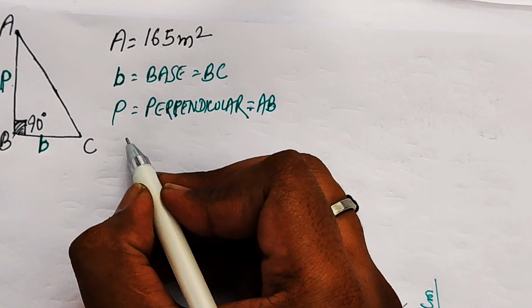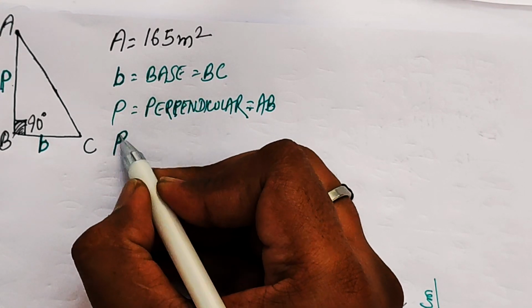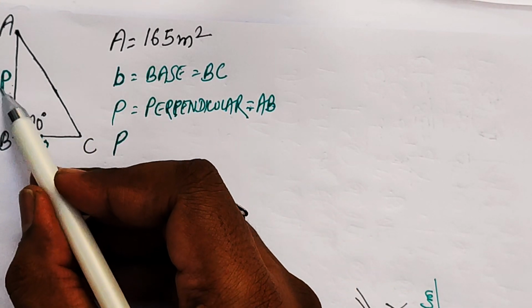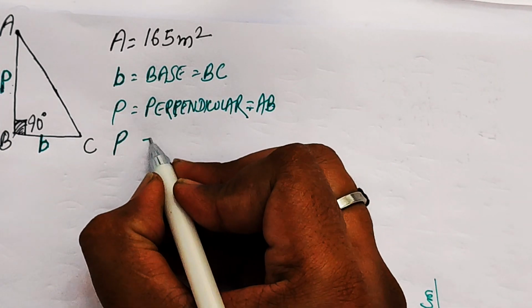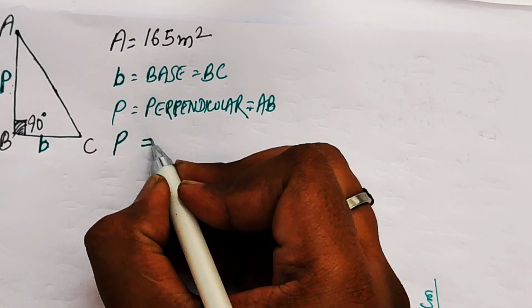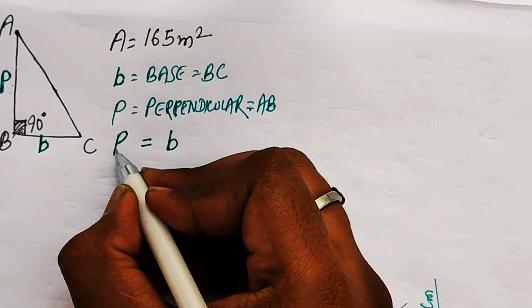And the relation which is given to you is that P, the latter, that means perpendicular, is 7 more than base.